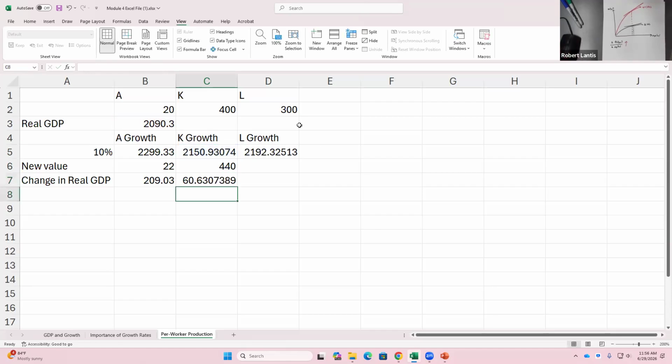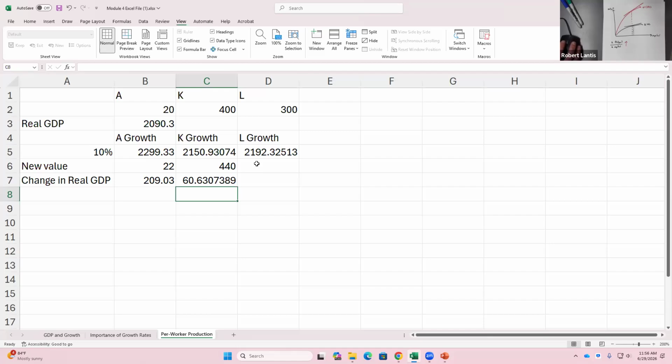Notice that the same 10% increase in capital, a factor of production, with no change in total factor productivity, doesn't increase my real GDP by as much as a 10% increase in total factor productivity.